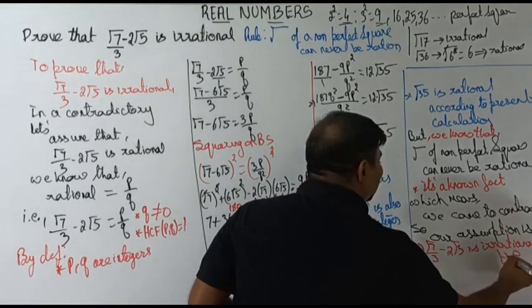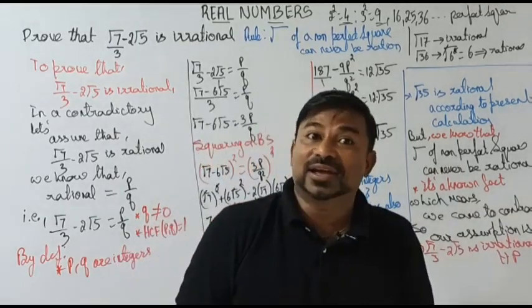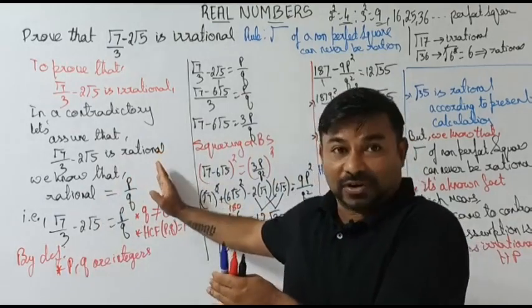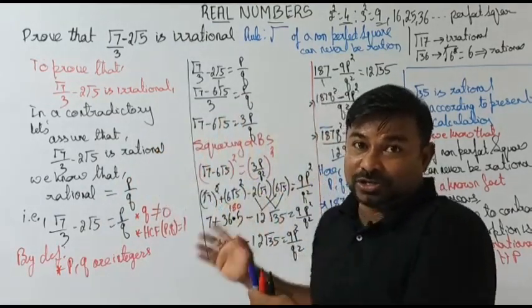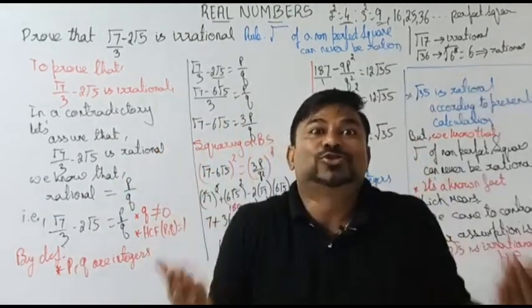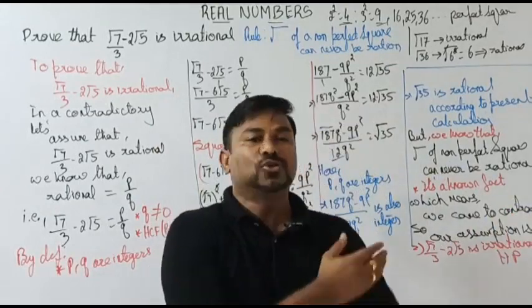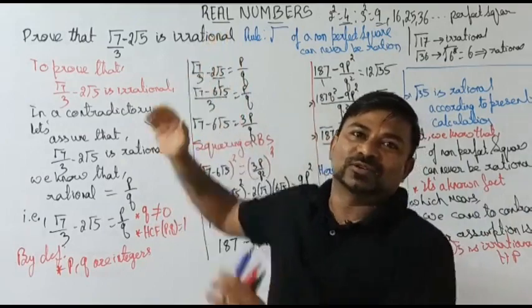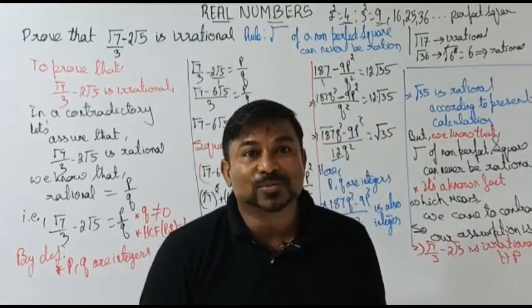Hope you are able to understand the entire logical way I have said. We reached a contradiction, so we have assumed it wrong. That's why we reached a contradiction. So we say our assumption is wrong. What is given in the question, that is right. Hope you are able to understand.